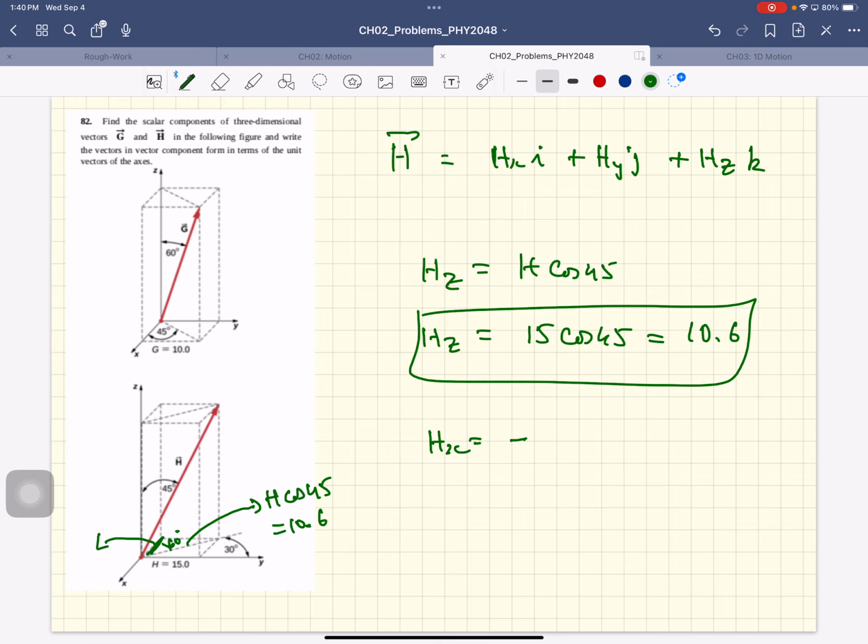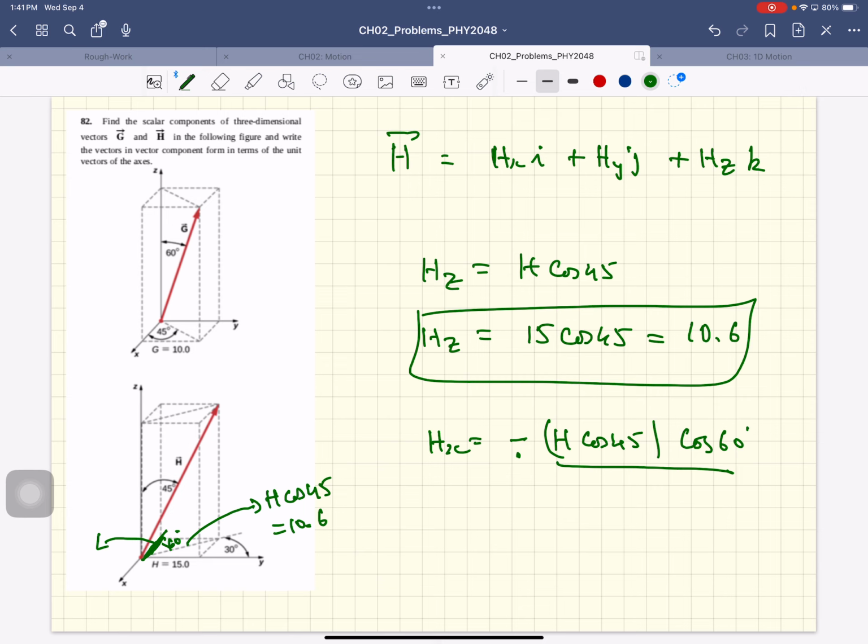Minus h cosine 45, that is this fella, and cosine 60. So you're taking two projections. Did we understand that? The negative sign comes from the fact that it's pointing along the negative x-axis, and this just gives you the magnitude of that.